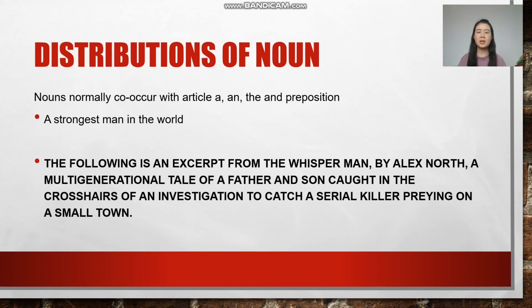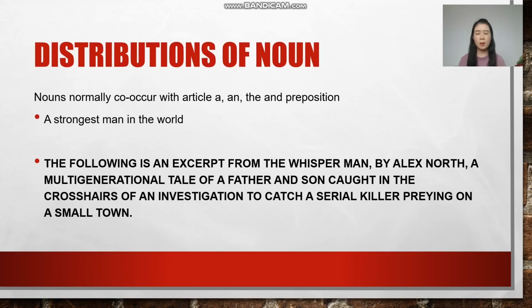It means that if you see "a," "the," and prepositions, after these articles and prepositions, I'm sure that you can find the noun. For example, "a strongest man in the world." In this example, we have the article "a" and the article "the." It means that after these two articles, you can find the noun.